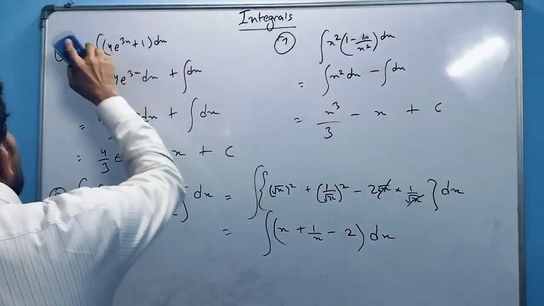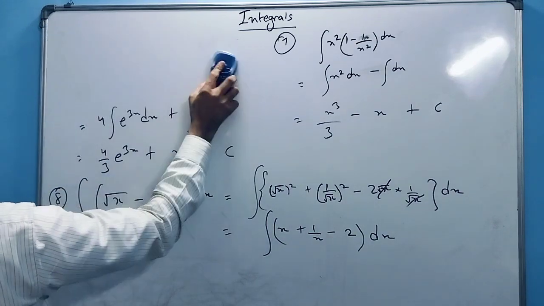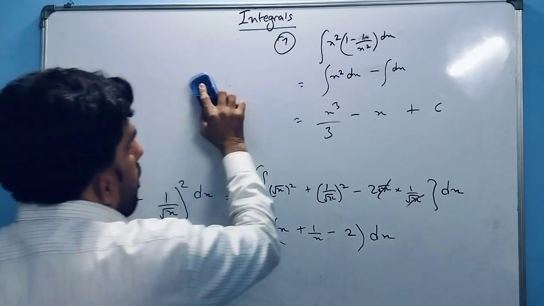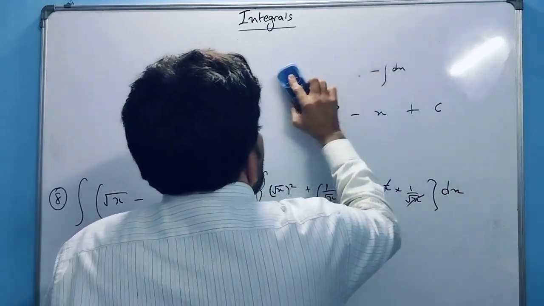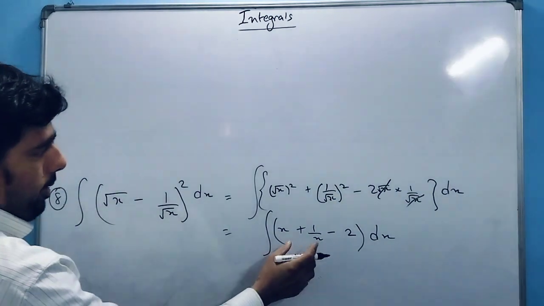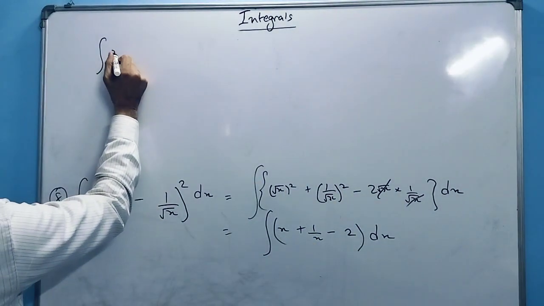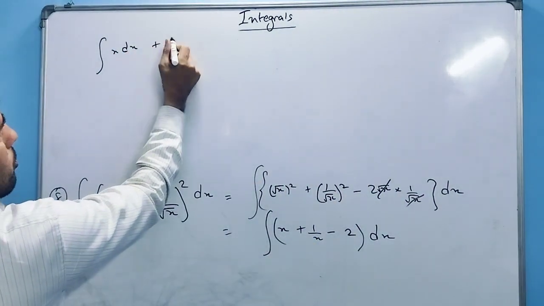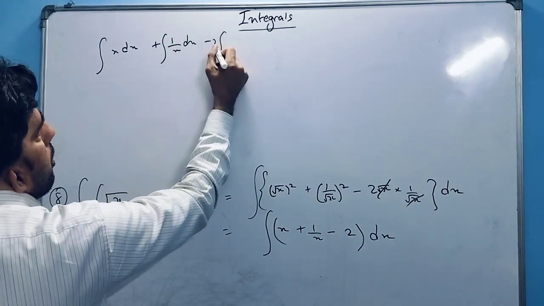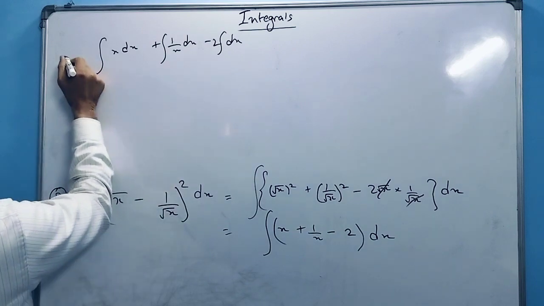We will integrate individually: plus 1 upon x dx minus 2, which is a constant, we'll take it outside.